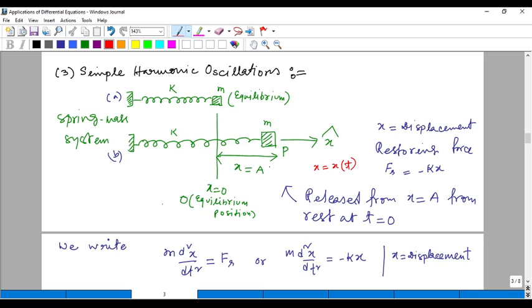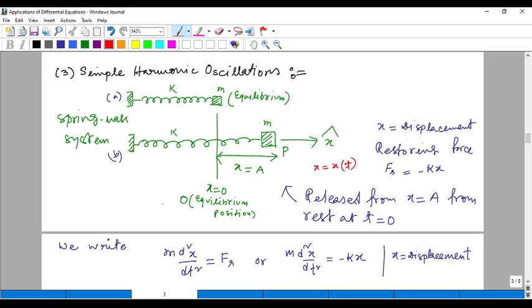So now what will happen? If it is released from this point p, then this mass will oscillate with respect to this equilibrium position x equal to 0. It will oscillate because of that spring. This spring restores the mass back to the initial position, that is the equilibrium position.